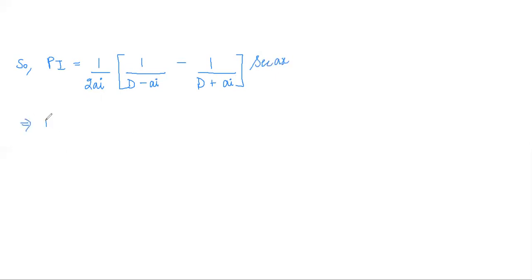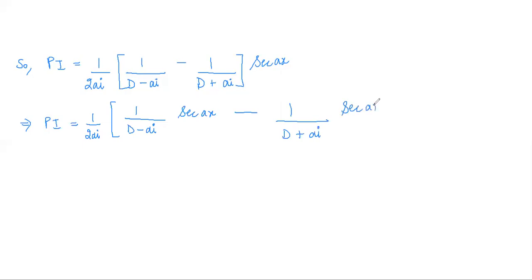This implies that the particular integral is equal to 1 upon 2a iota times 1 upon D minus a iota operated on secant ax, then this minus sign, and the next term is 1 upon D plus a iota, operated on the same secant ax.